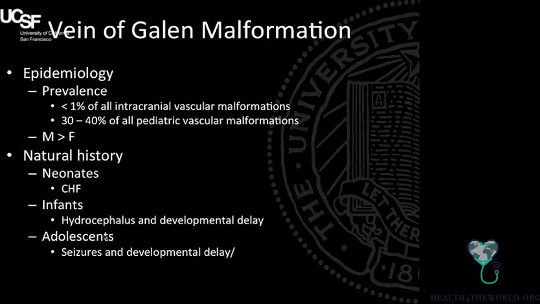The natural history, as I mentioned, in neonates, congestive heart failure is kind of a big thing that they manifest as infants, so that's actually less than 30 days. They present with hydrocephalus because of the compression of the aqueduct or venous hypertension, which limits the ability of CSF absorption, and they have developmental delay. But they often present in adolescence as seizures and other forms of developmental delay.